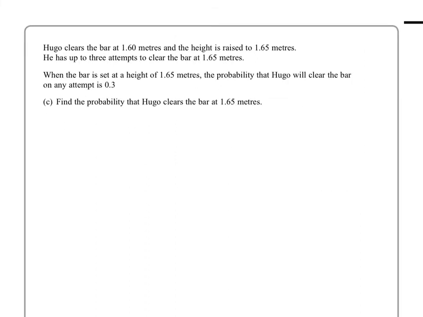Now we're told that Hugo clears the bar at 1.6 and it's raised to 1.65, and again he has 3 attempts. And it says that at this time, when it's set at 1.65, the probability that he clears it is 0.3. So in much the same way, we'll do the same diagram again, just to make it easier. So we've got first, second, and third attempt.